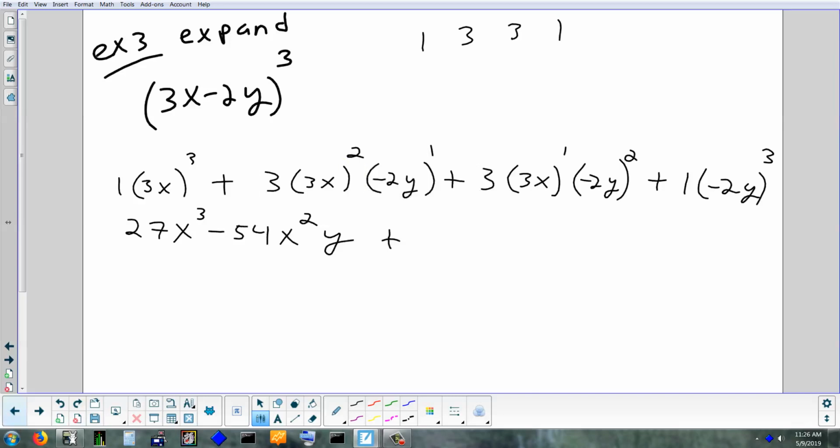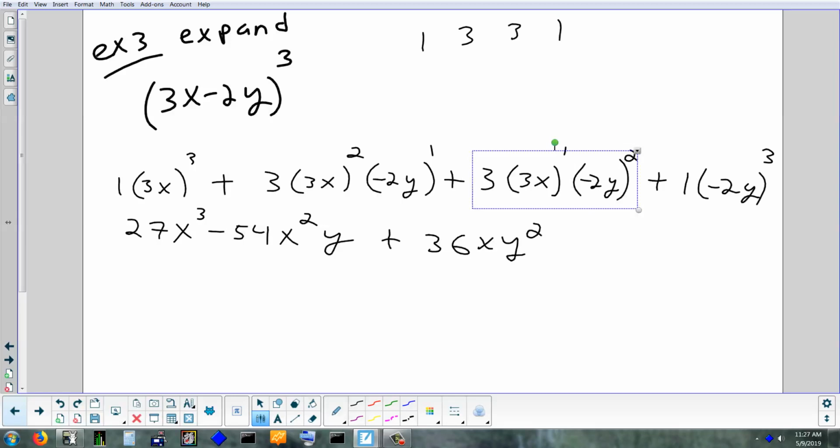So what are the letters going to be in the next term? X, yep, and y squared. So we get xy squared, and now we got to do all the numbers, but just do exponents first. Negative 2 to the second, 4 times 3, times 3 again, so it's like 36.